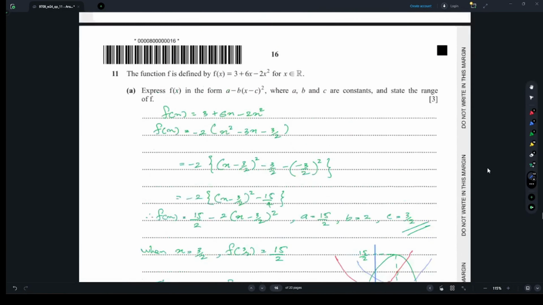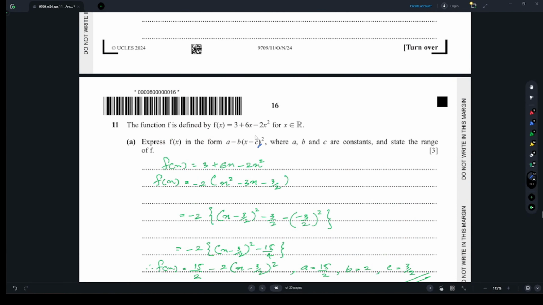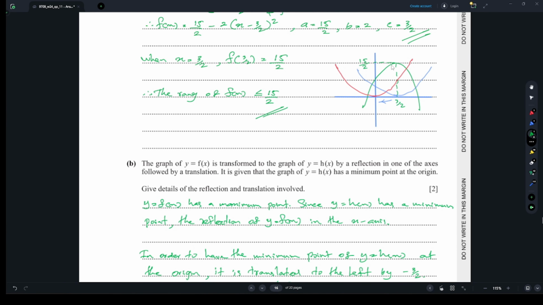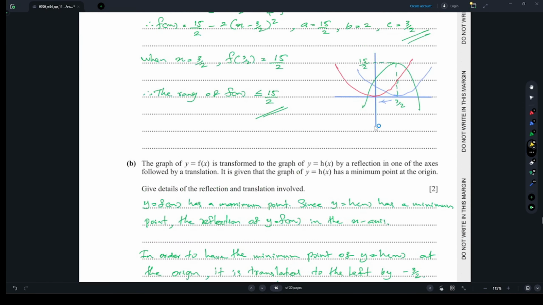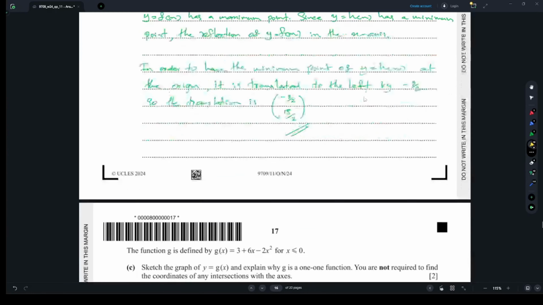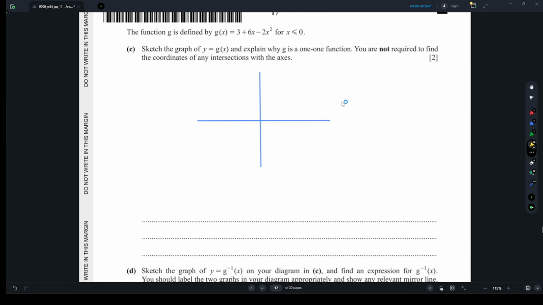So here this is the same equation, right? So we have to draw. Now they are saying that we have to draw that one for x less than or equal to 0. That means it is this part, right? Because when we pass the y-axis to the right, then x values are positive. So we have to just draw that part. So I will draw like this.